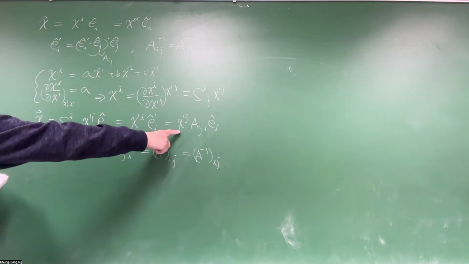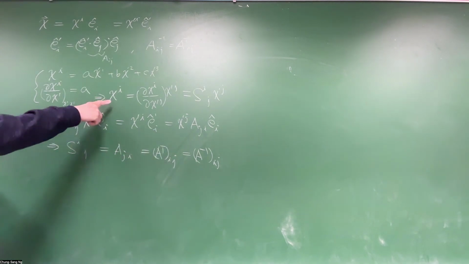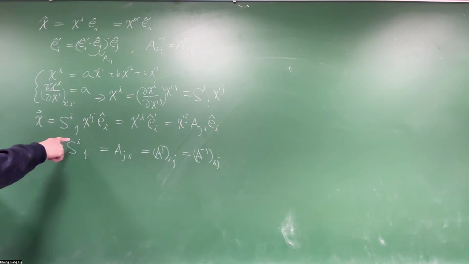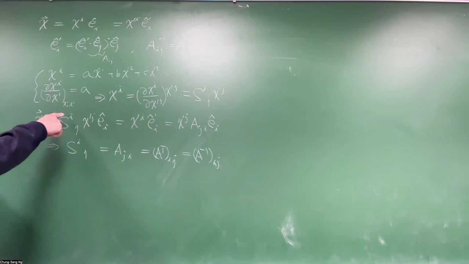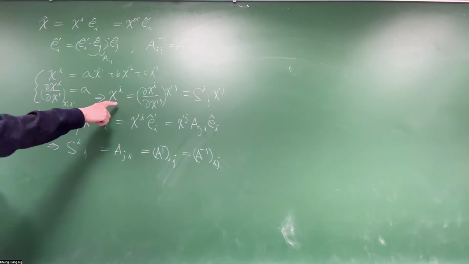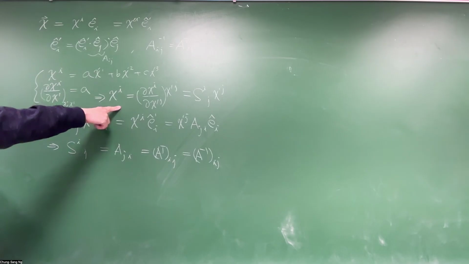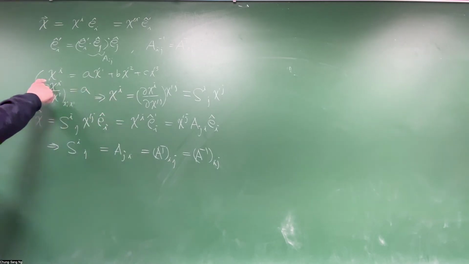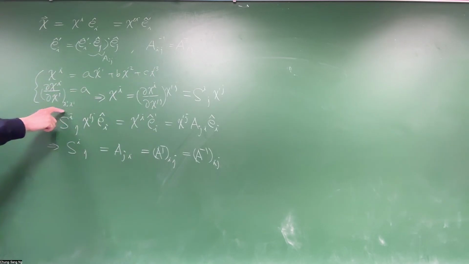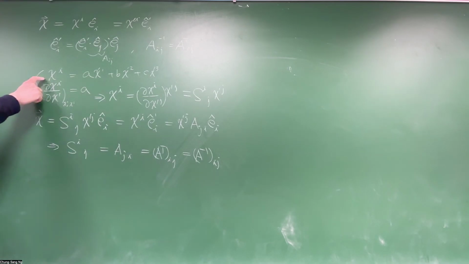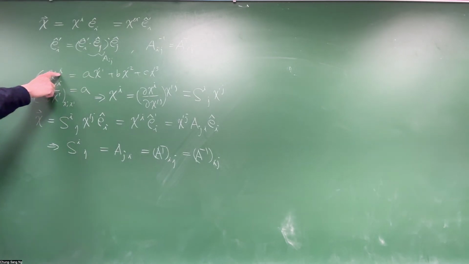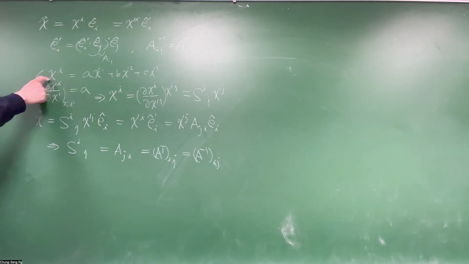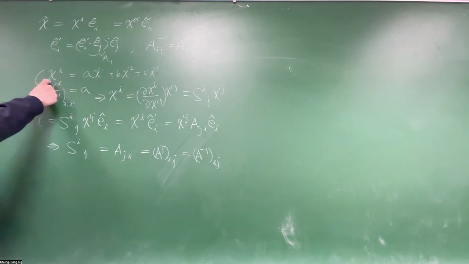This one? This line? This line is just, I try to do it more explicitly from this line, right? Every component i can be 1 or 2 or 3, and each component has a relationship like that.